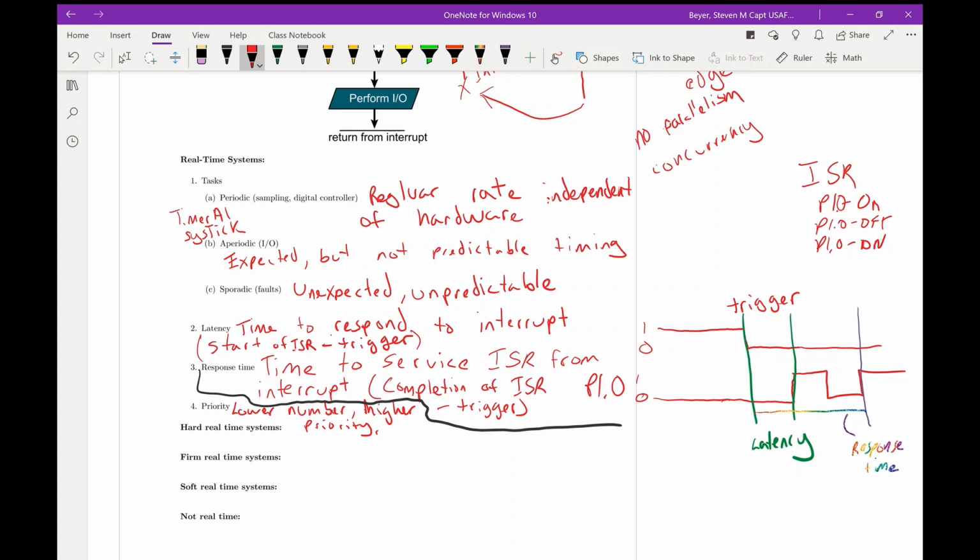A higher priority interrupt will not be interrupted. So if I'm in an ISR with a priority of 0, that interrupt will not be interrupted by any other interrupt of the same or lower priority, or higher number.